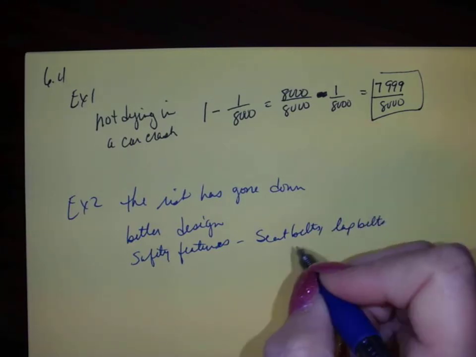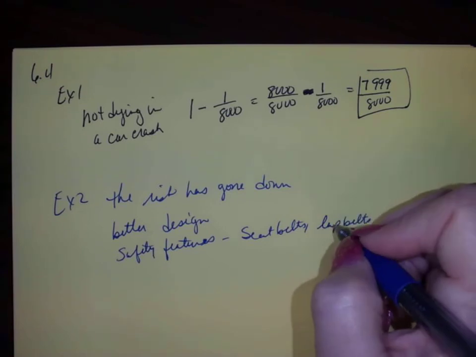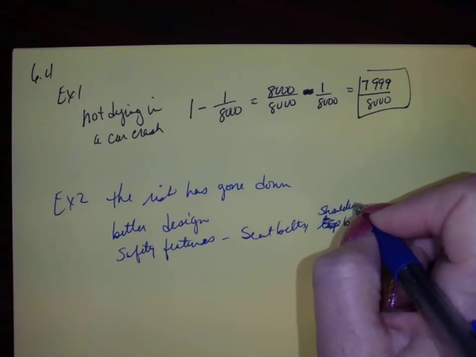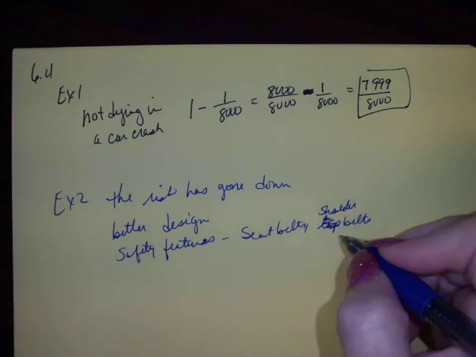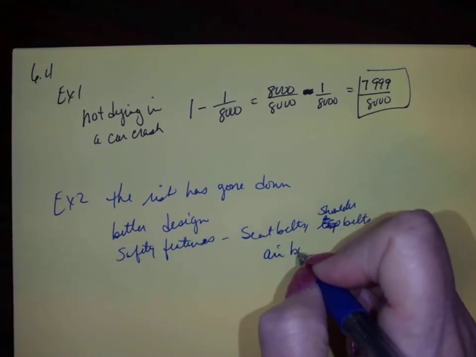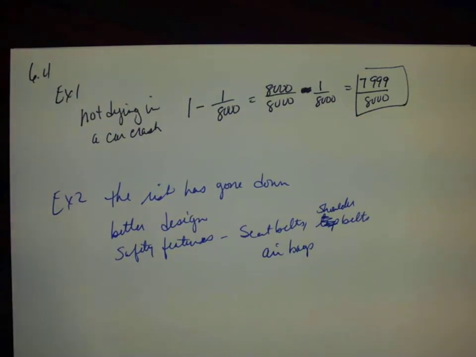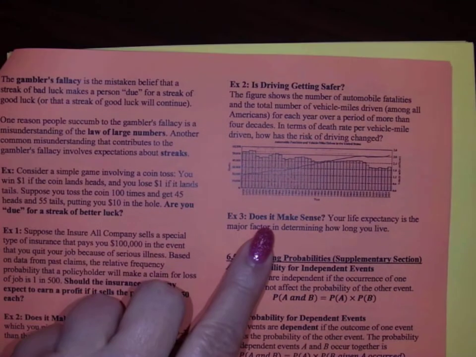Most of them, I think, had lap belts, but not shoulder belts. They had the shoulder part that straps over. And also airbags have come along. So all of those things have made it better.